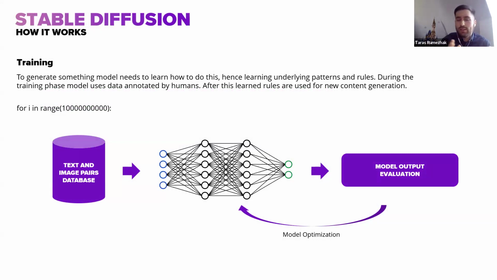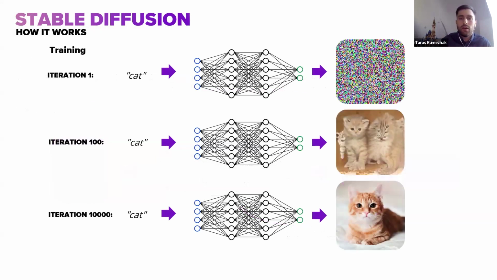To generate something, all models need to learn for a lot of steps. Stable Diffusion was trained on millions of images, and we need to train the model for a serious amount of time in order to learn something.